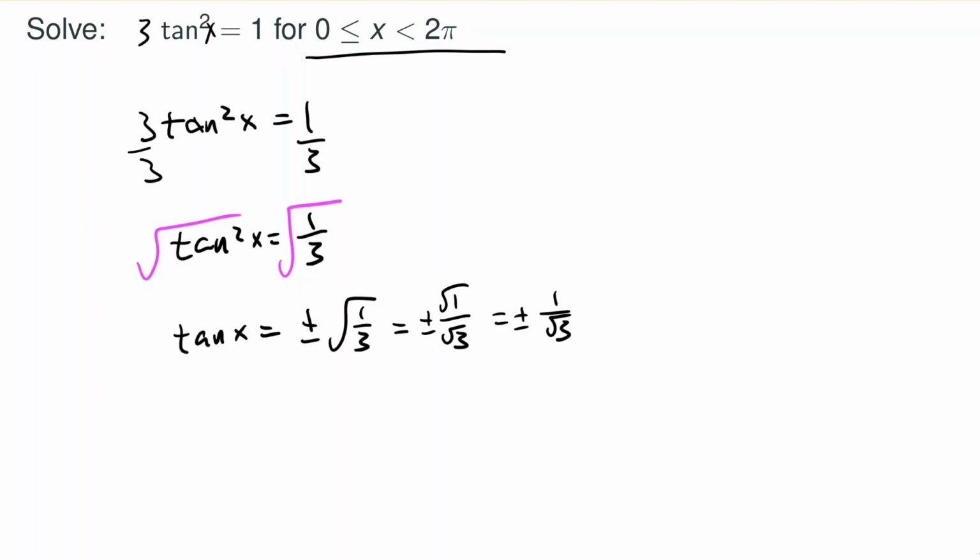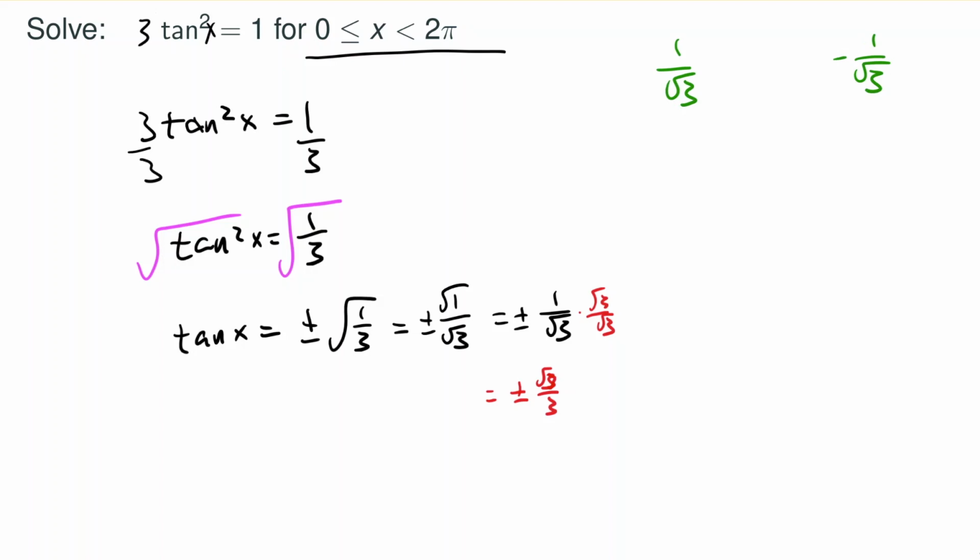And we could rationalize here by multiplying like this, which gives us plus or minus the square root of 3 over 3. Either way will help us find the same angle. So let me write, we have 1 over the square root of 3 or negative 1 over the square root of 3.